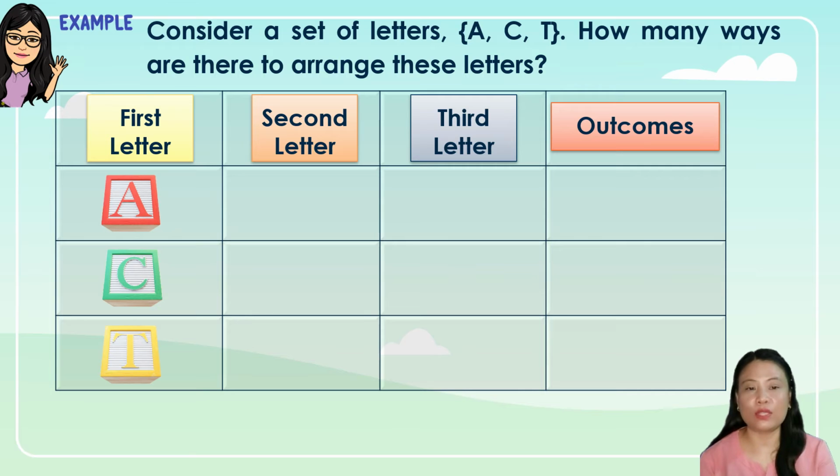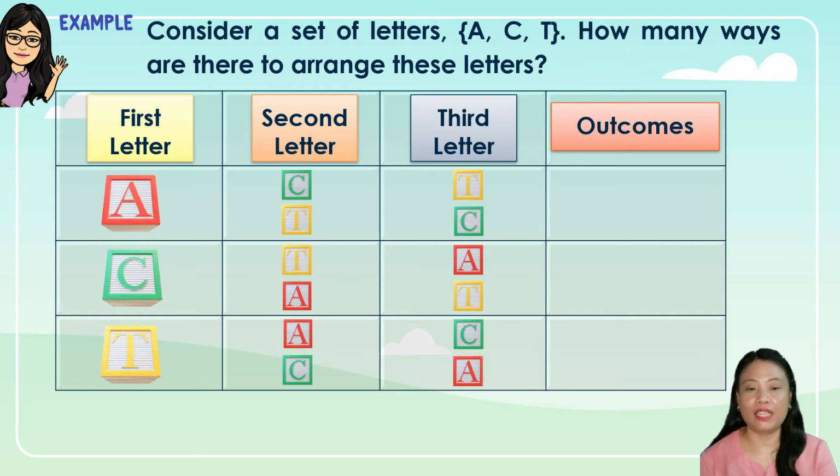If A is chosen to be the first letter, then C and T will be the choices for the second letter. When C is chosen to be the second letter, then T will be the third letter. The process will repeat until all letters will be chosen. Arrangements will be summarized on the column for outcomes.